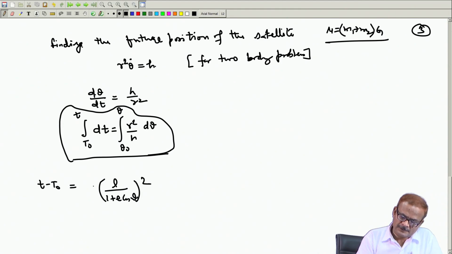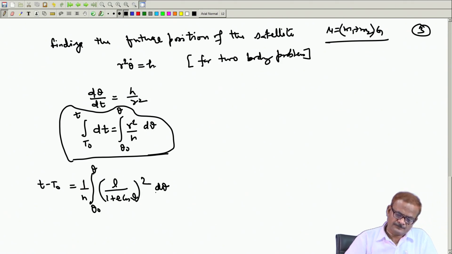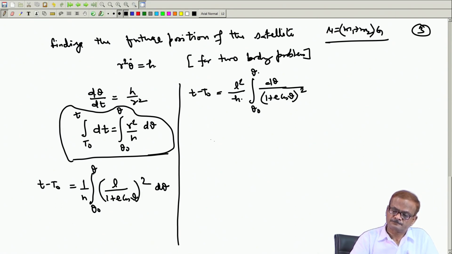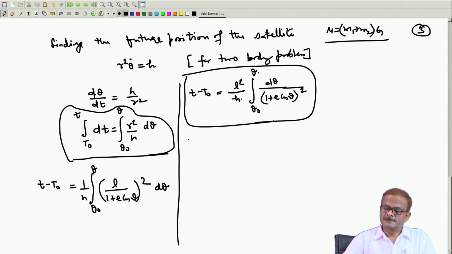And 1 by h, of course, will come outside, theta equal to 0 to theta, d theta divided by 1 plus e cos theta whole square. So, this is the basic equation for propagating theta.